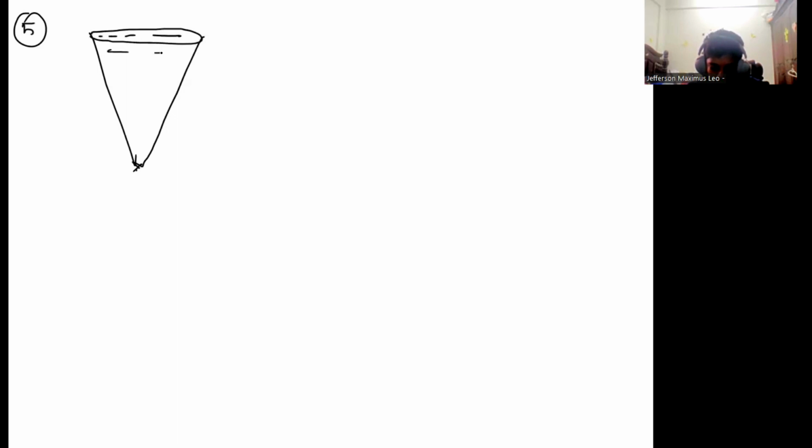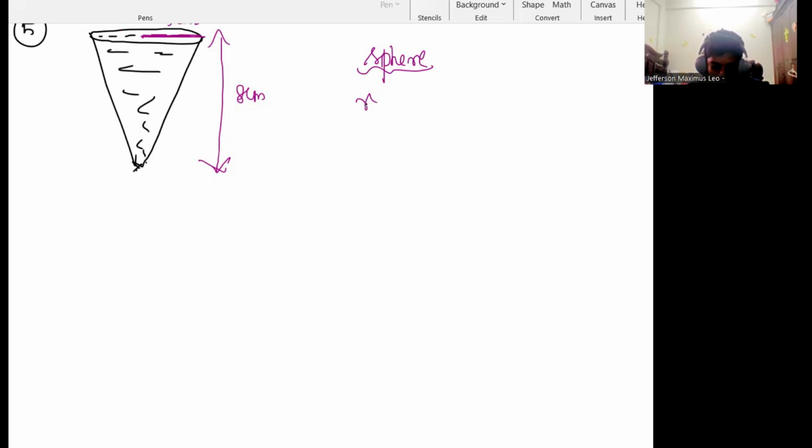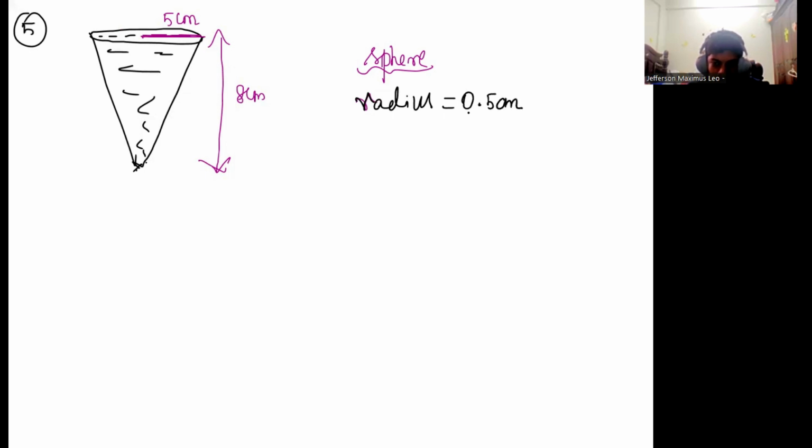The measurements are given. The height of the cone is 8 and the radius is 5 centimeters. For the volume of the sphere, the lead shot, the radius is given: 0.5 centimeter.